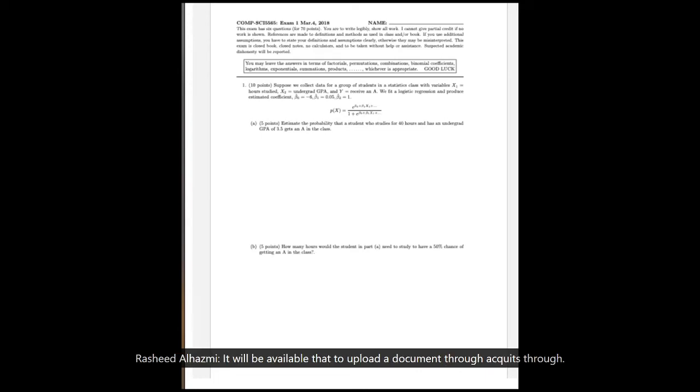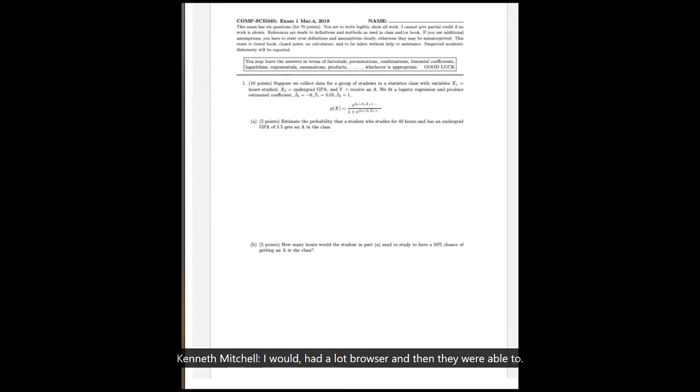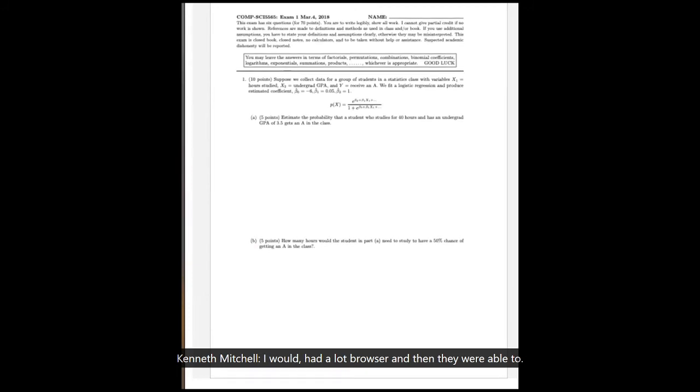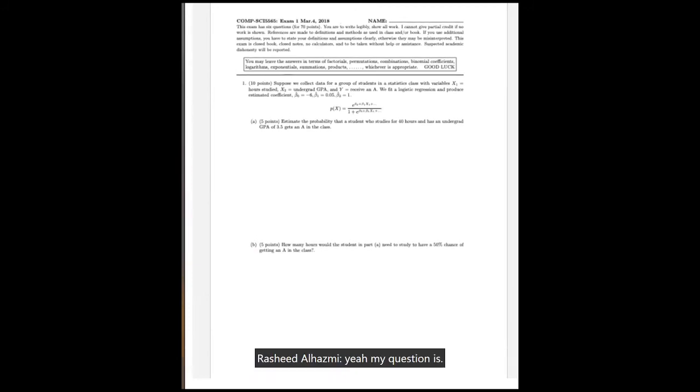So will it be available to upload a document through a quiz in a locked browser? Because we can only upload things for assignments. I'll look at that. In one of my 291 classes, I had the locked browser, and they were able to. My question is, will there be a function to upload a file through the same?